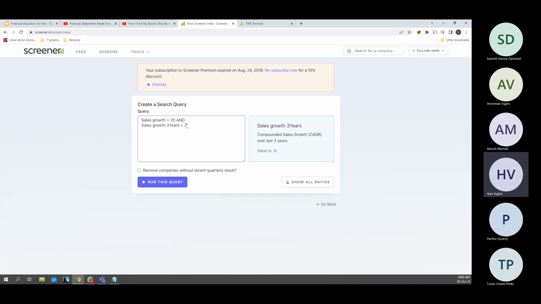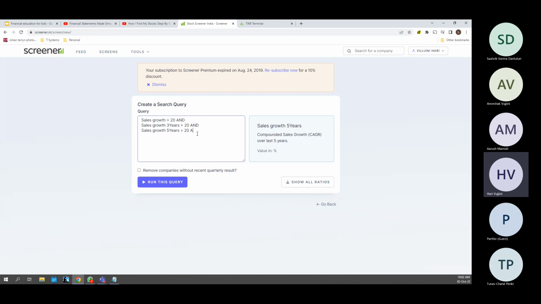So greater than 20%. I'm looking for companies that have grown their sales 20% for the last year, last 3 years, and last 5 years. It gives you a suggestion here for the value, so it has to be a percent.